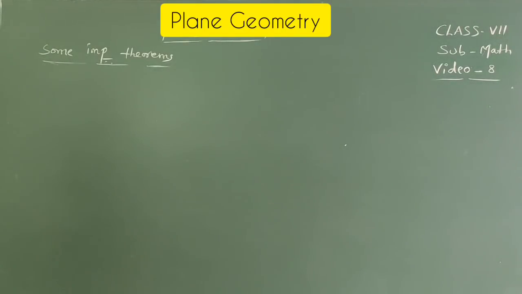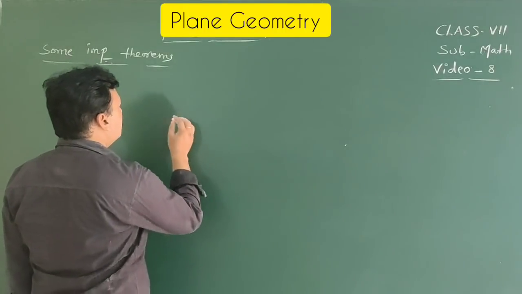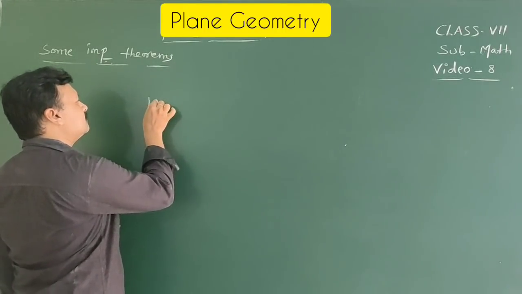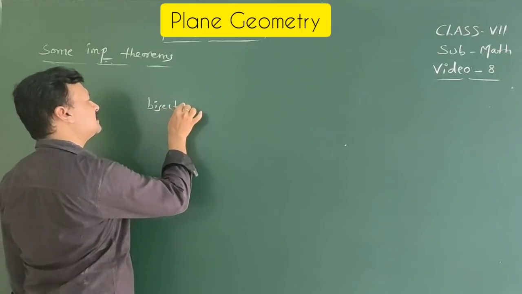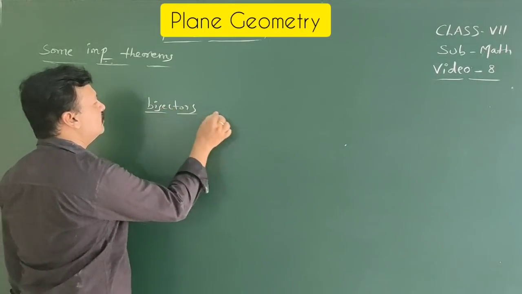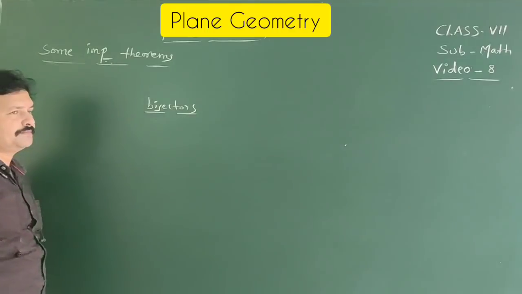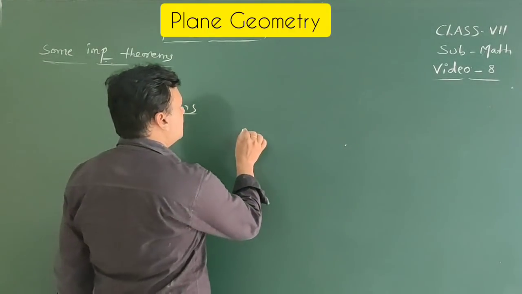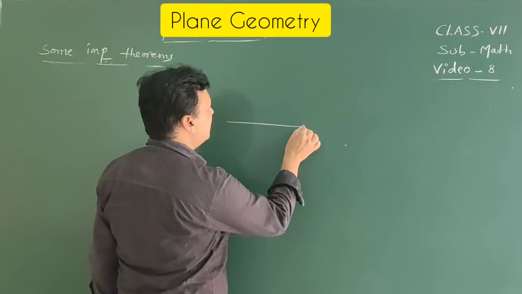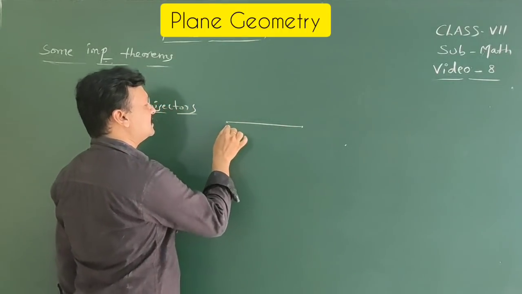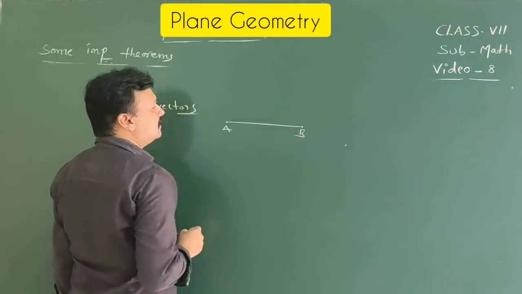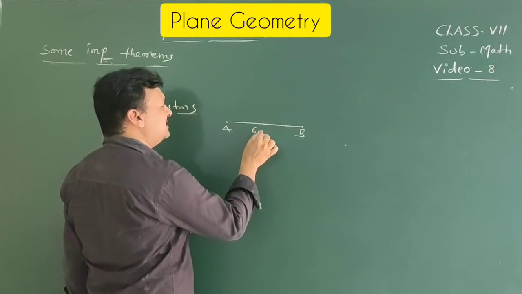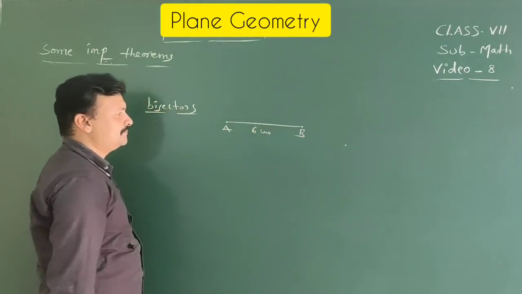Before we learn the theorems, first of all, bisectors. What are bisectors? We have different types of bisectors. Only bisector means, for example, the length of line segment AB is 6 centimeters.